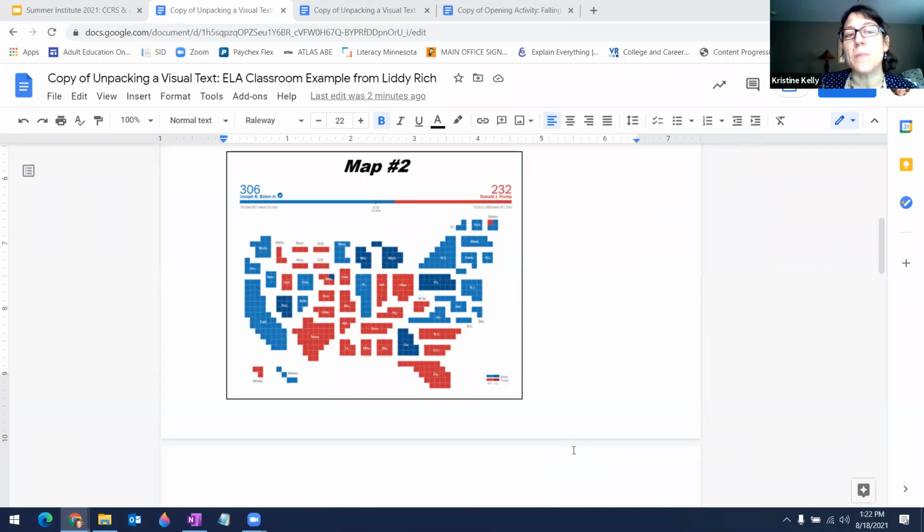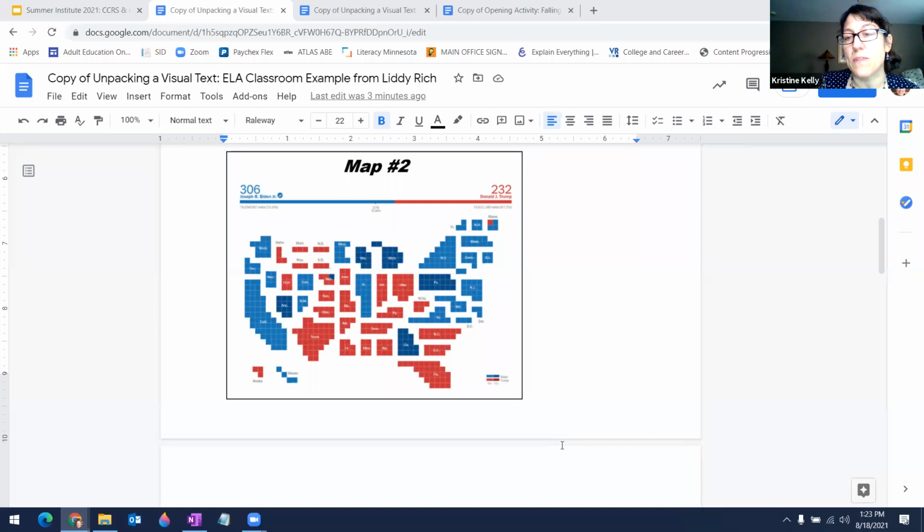Here we see, instead of the states, the focus is on these squares and what the squares represent. What stands out to me is I can really, instead of just seeing a color on a state, get a sense of how many votes states actually have based on the number of squares.